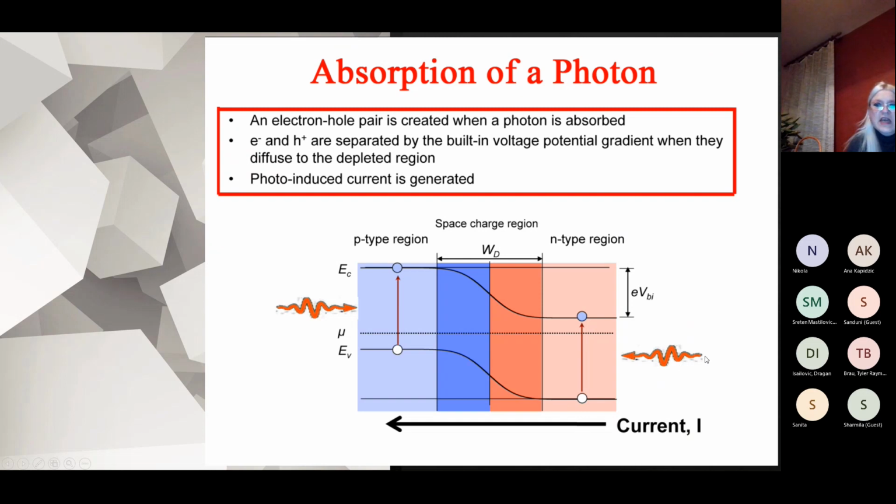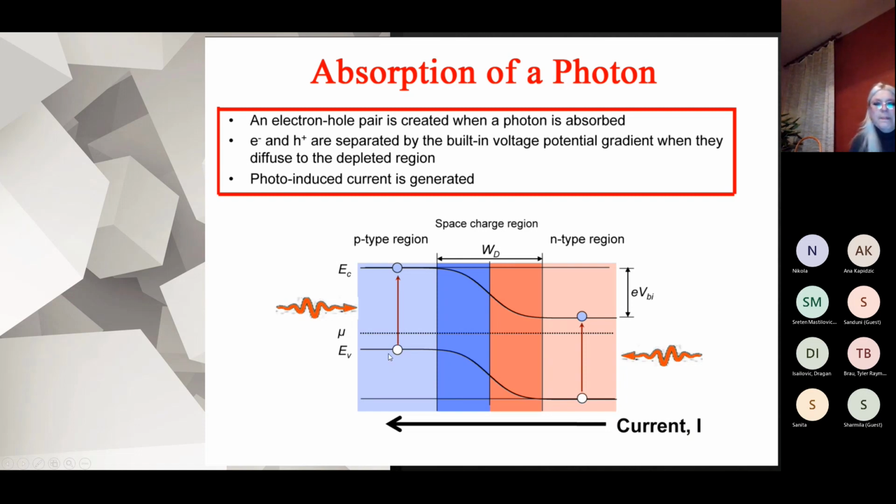It will be completely the same if you put the photons in the n-type region. Again, electrons and holes are generated, but now the hole doesn't feel well in the n-type region, and thanks to the built-in voltage it goes to the junction and to the lower energy state.